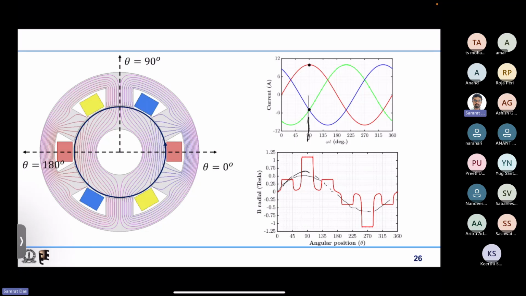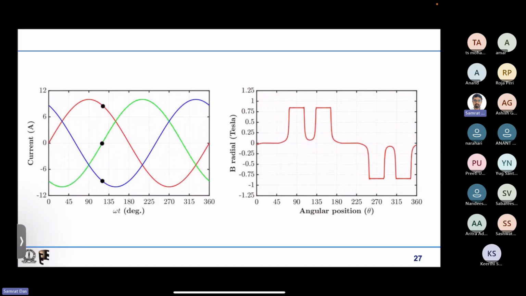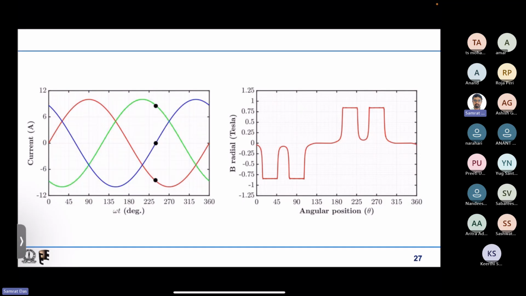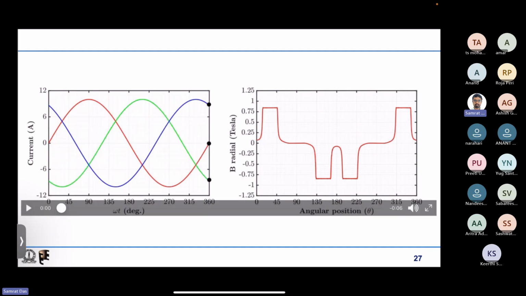We will see that as the current completes one electrical cycle, the field will also move by exactly the same angle. If I play that, you can see that as time is progressing, the flux density distribution in the air gap is also moving. Now this is the zero time instant.